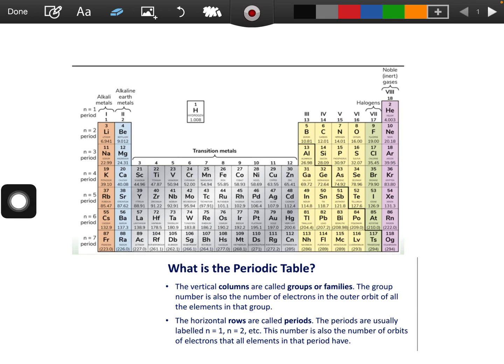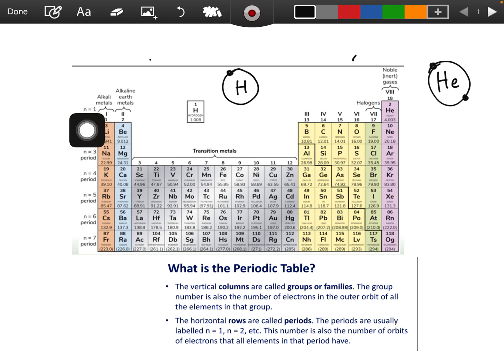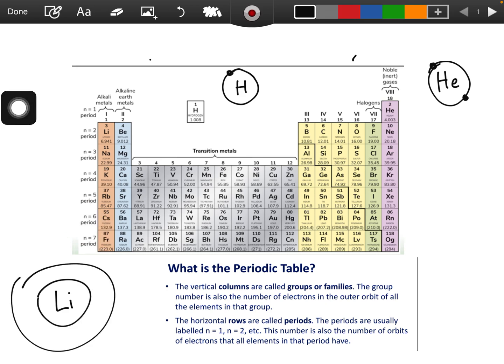If we were to draw them out with our Bohr models, hydrogen only has 1 outer shell. Likewise, helium only has 1 outer shell. Whereas with something like lithium, because it's in our second period of group 1, it's going to have 2 shells.